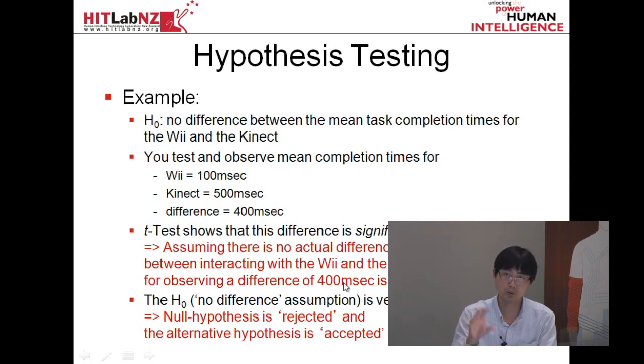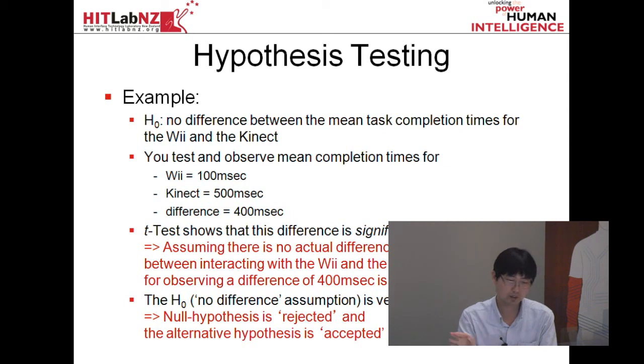The probability of finding this much of a difference, even if the actual population doesn't have a difference, is only 4%. So in that sense, it's a very low probability. So you can say H0 appears to be not true. So you can reject the H0.